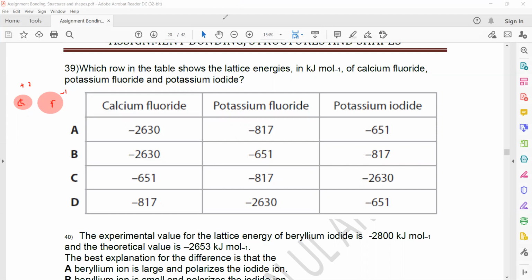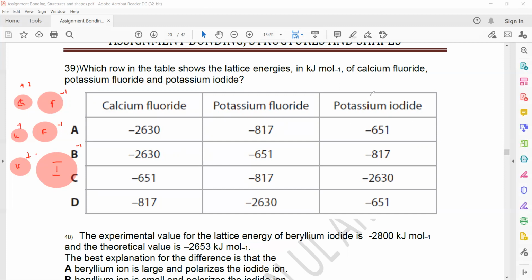Then followed by potassium fluoride, because we are talking about lattice energy. Potassium fluoride has a charge of +1 on potassium and -1 on fluorine, and the ions are closer. And for potassium iodide, because the charge is the same but the size is larger, the lattice energy will be smaller.